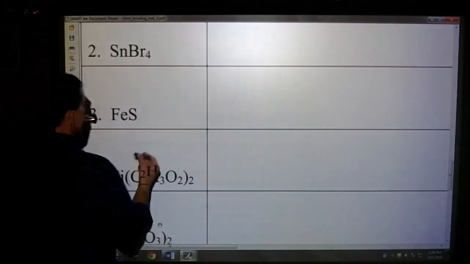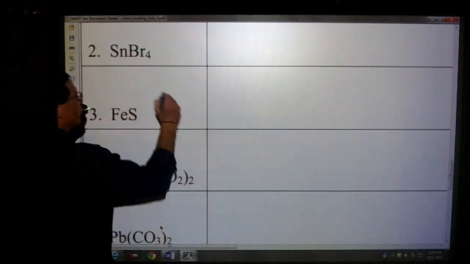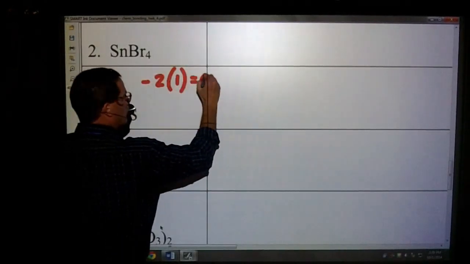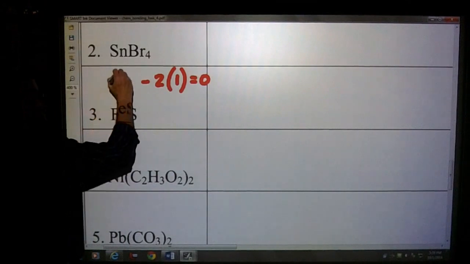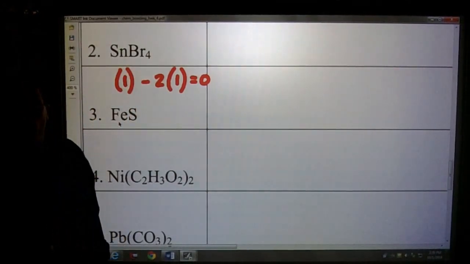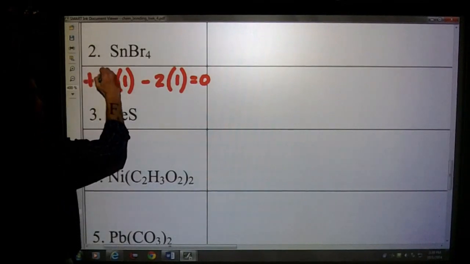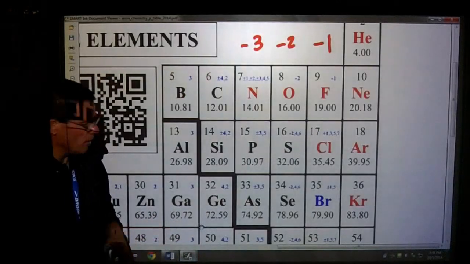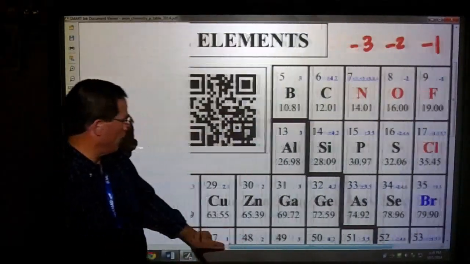So when looking at that, you know that sulfur has a -2 charge, and you know you only have 1 of them. It has to equal 0. How many iron atoms do you have? 1. What must the charge on the iron be? Very good, a +2 charge. So go and check, make sure that you did your math right by checking to see that you have the correct charge.